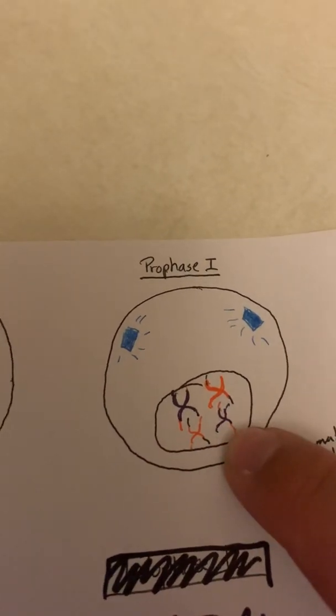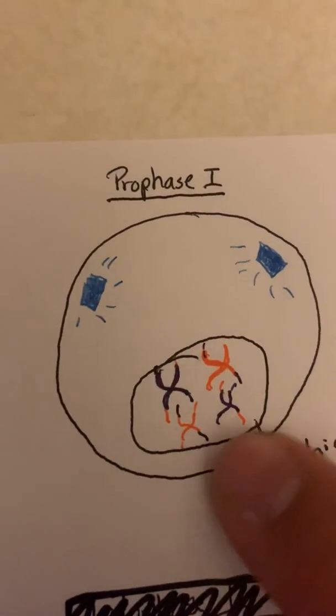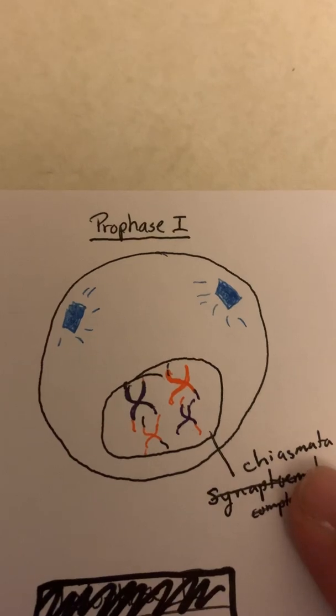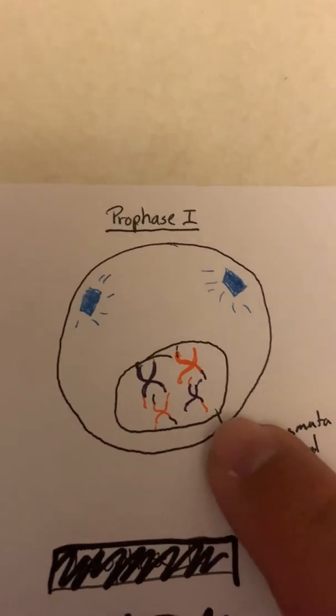Where it connects, from the purple, or it looks kind of black, but it's purple and orange, that's the chiasmata. I know I butchered that, but that's what that is.